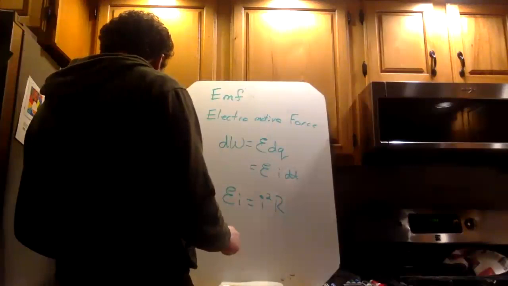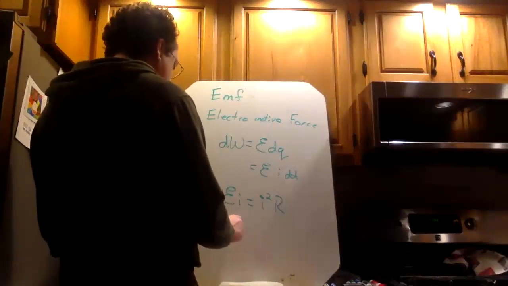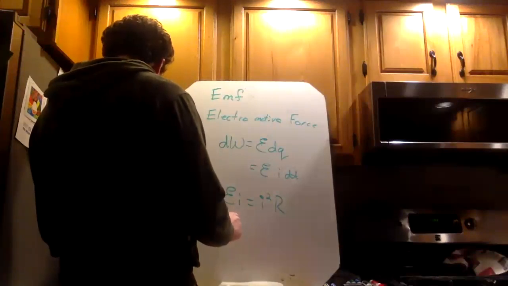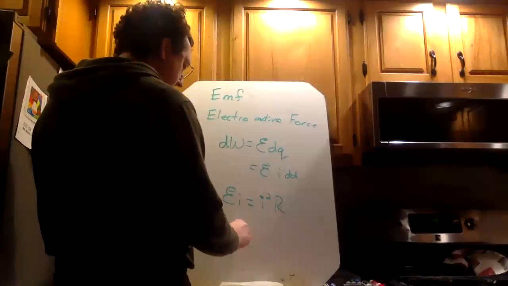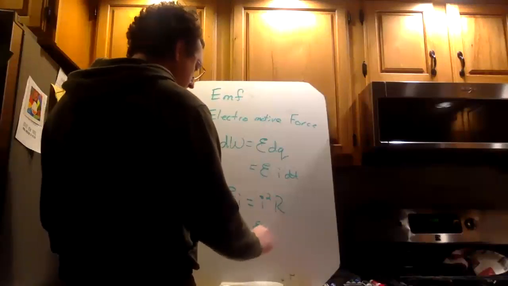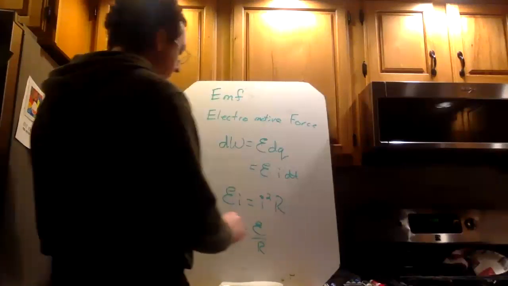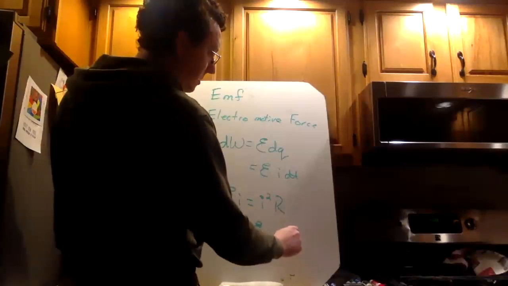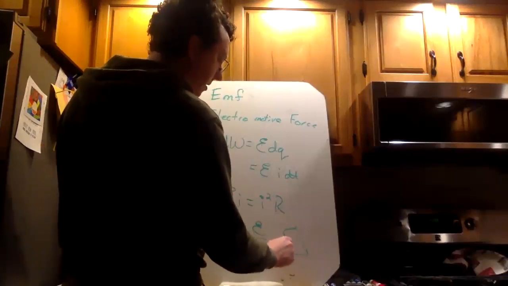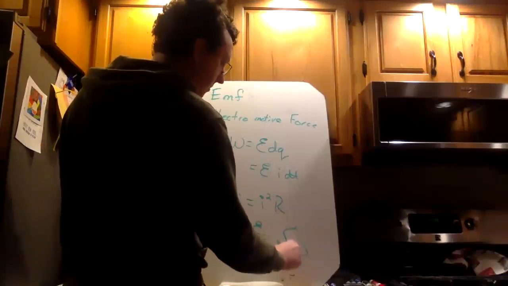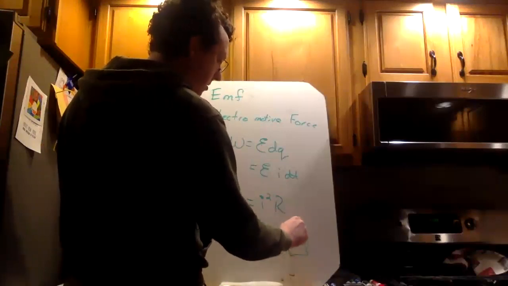So in particular, if you have a resistor, you can just rewrite things. You can say things like I equals EMF over R. This would be in the context where I had some device called a battery, which does work on a charge.